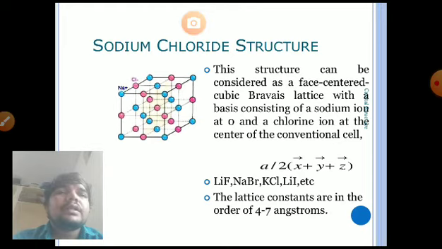These structures can be described as a face centered cubic Bravais lattice with a basis consisting of a sodium ion at 0 and a chloride ion at the center of the coordination, a by 2 equals x, y, z.